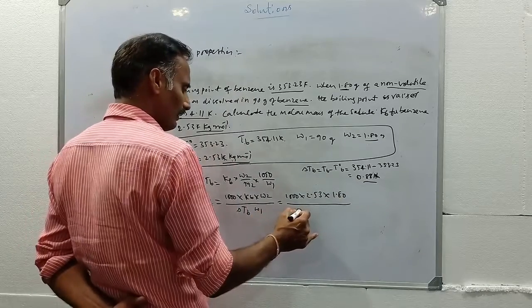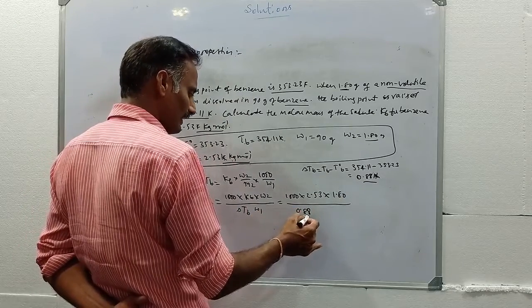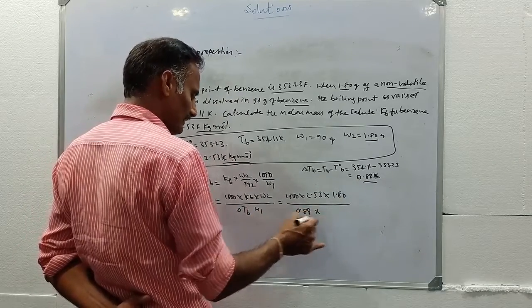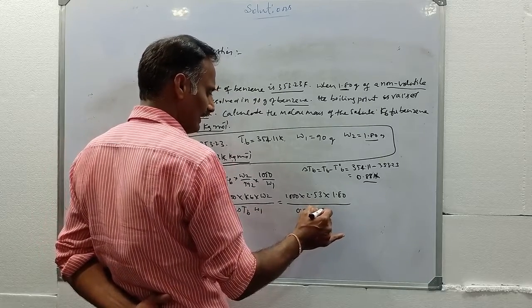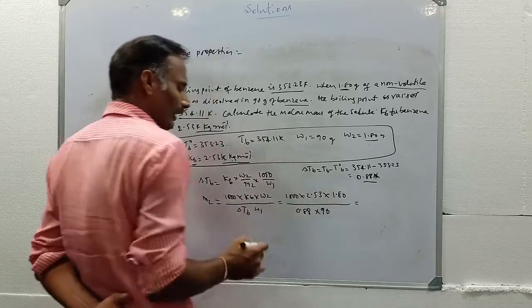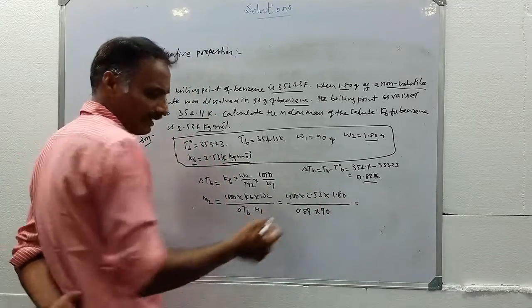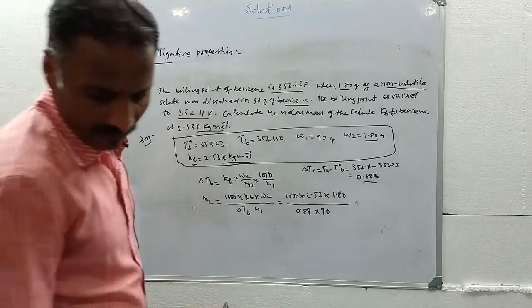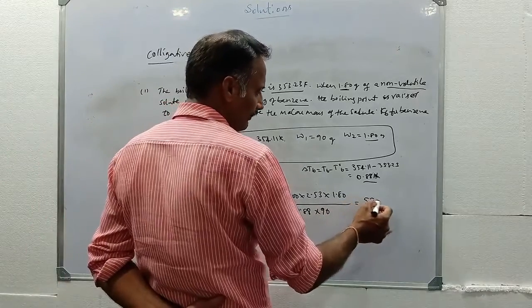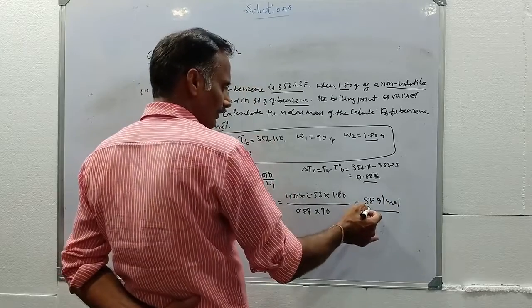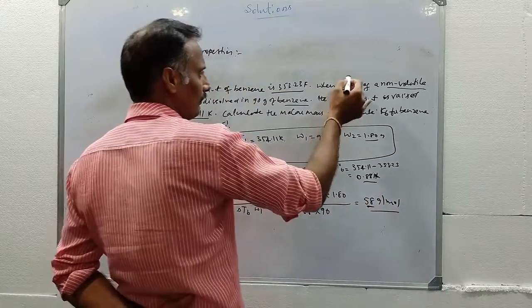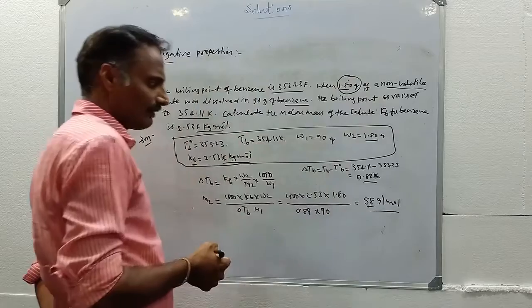Delta TB, the increase in the boiling point, is 0.88 Kelvin, and W1 is the quantity of benzene taken, 90 grams. On simplification you will get 58 gram per mole. This is the molecular mass of the solute.